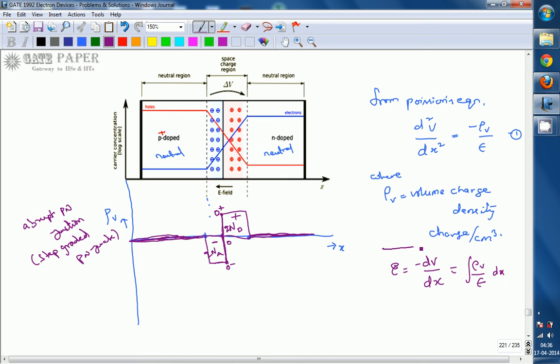This is what you will get for the electric field. Electric field is directly proportional to the integral of rho v.